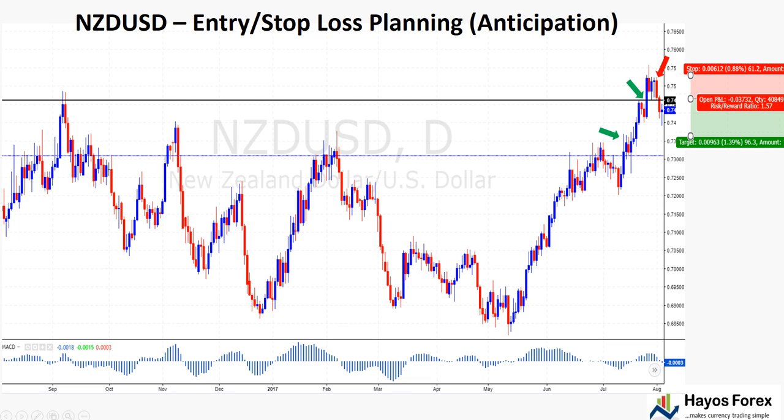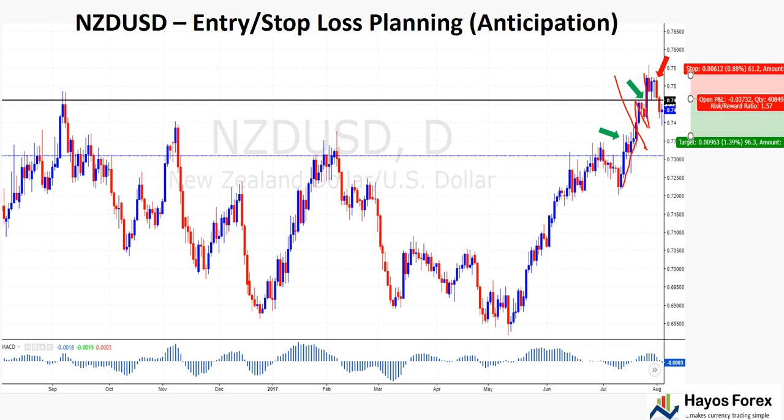So I look for the previous level that acted as resistance when price was going up. When price was going up, it was rejected and temporarily pulled back. That's at the resistance level before price finally moves above it. Now price is moving down.